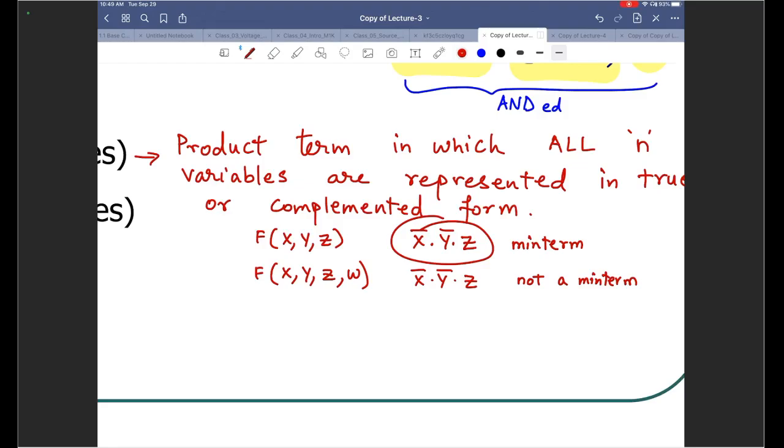So it really depends on what input variables the output of the logic function depends on. That has to be explicitly mentioned. Only then can you comment about whether the term is a minterm or not.